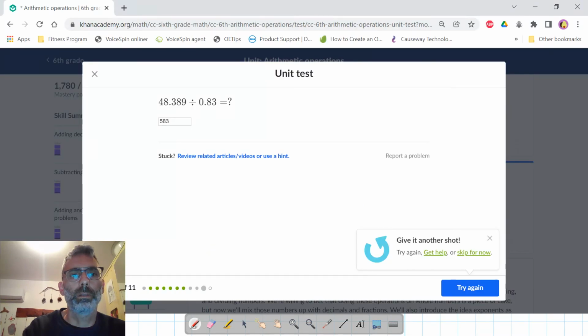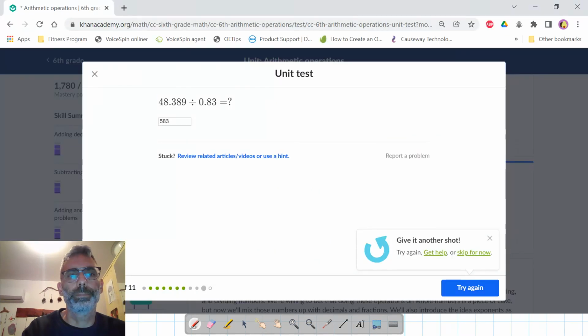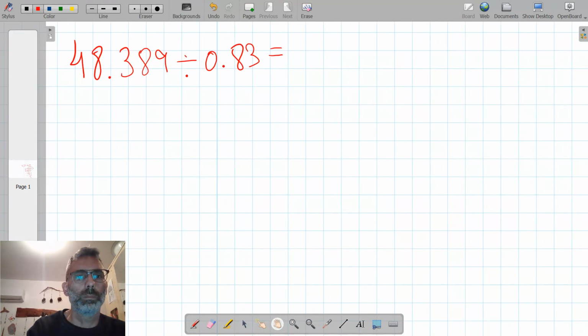48.389 divided by 0.83. So this becomes 83. For this to become 83, I shifted the decimal point 2 places to the right.